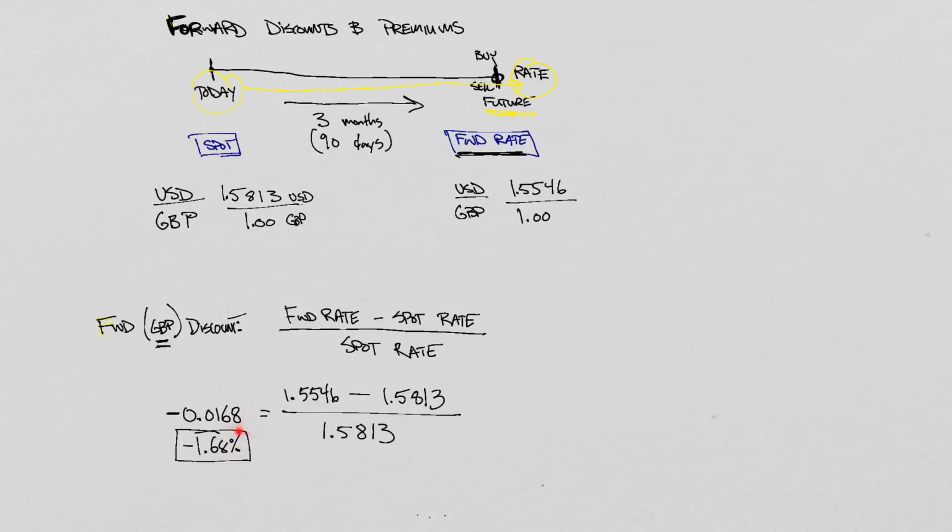And so that's fine, but with forward contracts, we typically annualize them. There's a lot of things that we need to do with these numbers, the forward discounts and premiums, and it really helps to have an annualized number. And so the final step I need to show you is that whenever you have a forward rate contract, you typically need to annualize it.